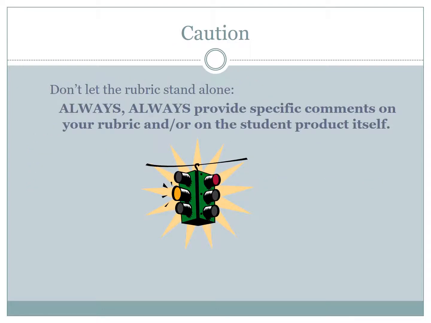One word of caution, don't let the rubric stand alone. You may notice when I grade papers, I always provide feedback. And feedback is a tricky thing because if you provide too much feedback and you redline everything, the student's going to get overwhelmed and not be able to take it all in. But you want to give enough feedback that's specific about how to improve.